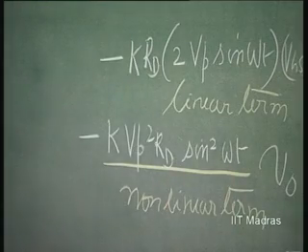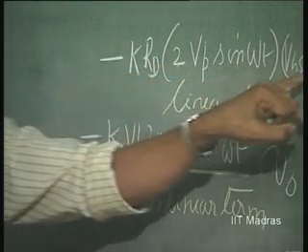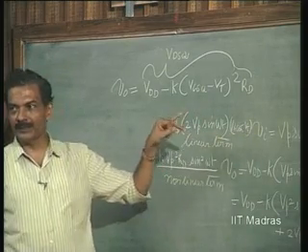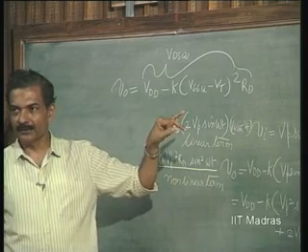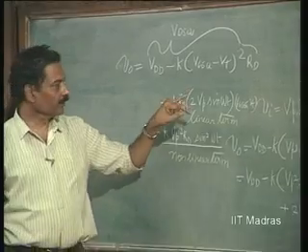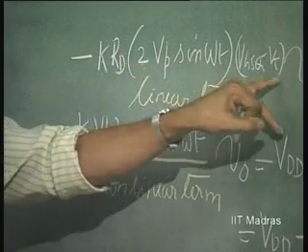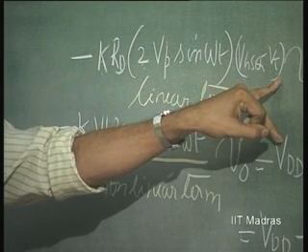You notice this is nothing but 2k into Vgsq minus Vt. What is that? 2k into Vgsq minus Vt is nothing but Gm, if you look back. So, this is nothing but what we have already defined as Gm.